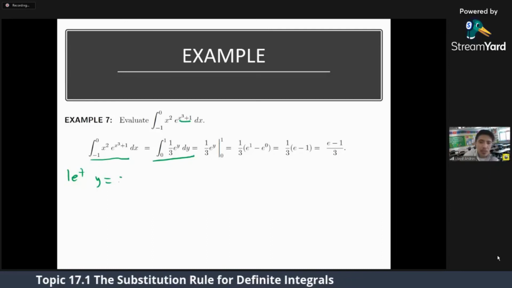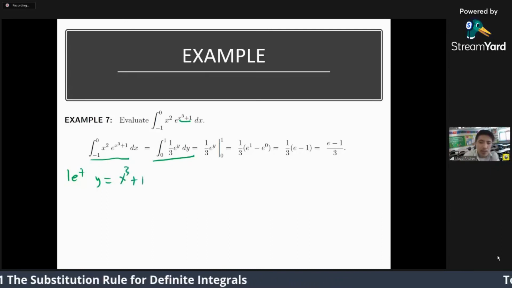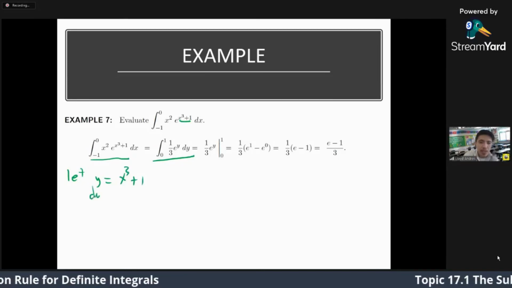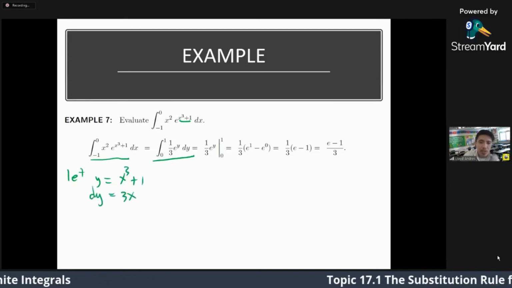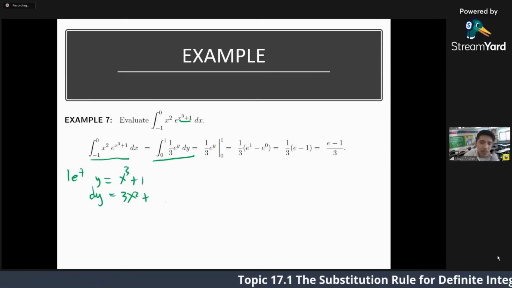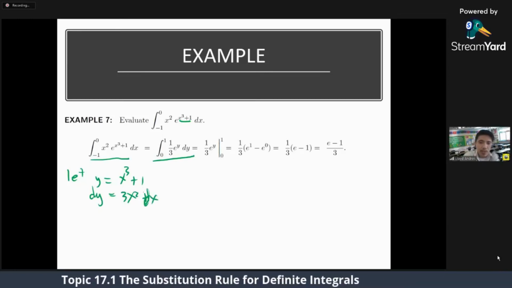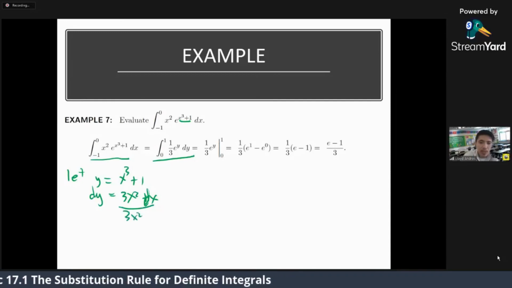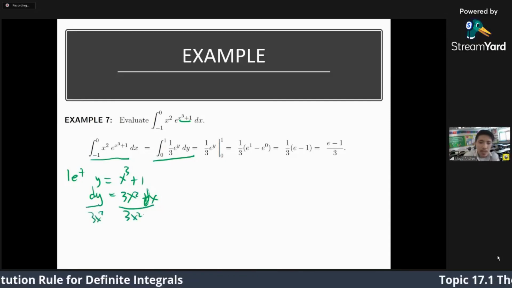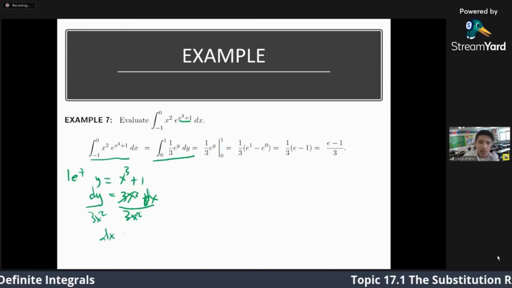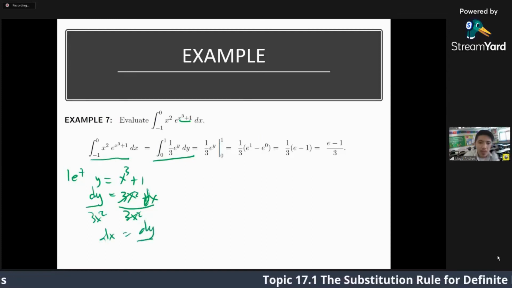So x cubed plus 1. Differentiating both sides, dy equals 3x squared dx, since the 1 is a constant. Dividing both sides by 3x squared so only dx remains, dx is dy over 3x squared.